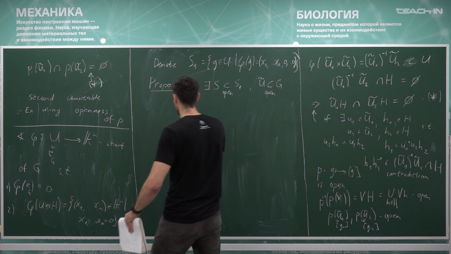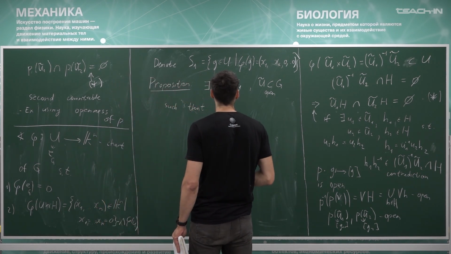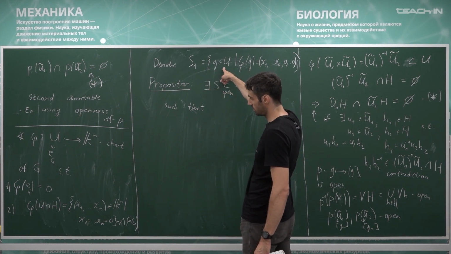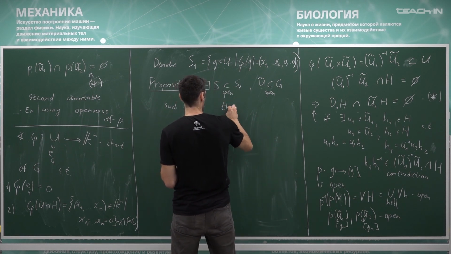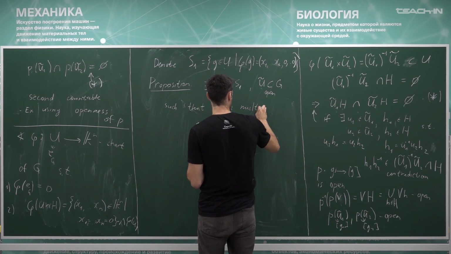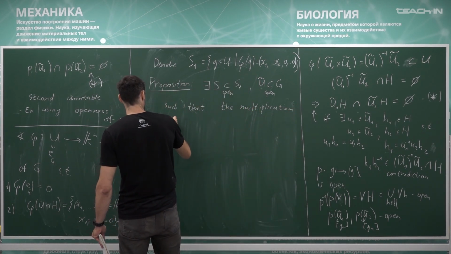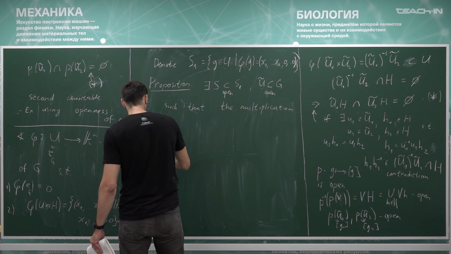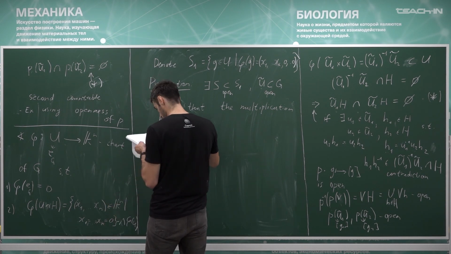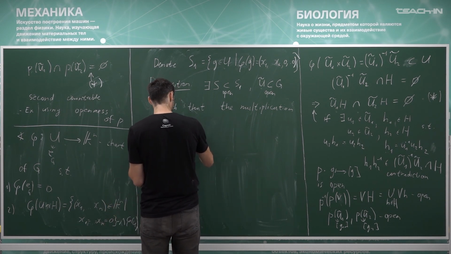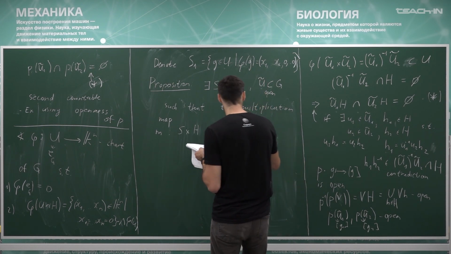Such that, I put tilde here just to distinguish it from this U, such that the multiplication map M restricted to S times H to U tilde is a diffeomorphism.